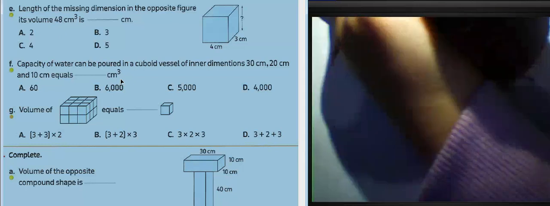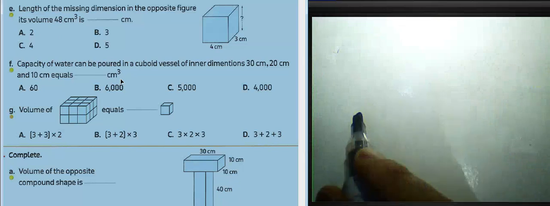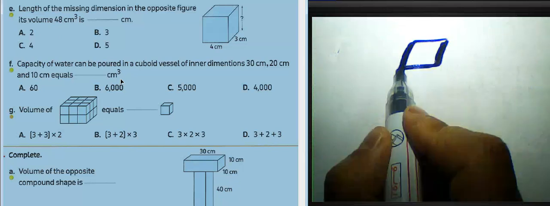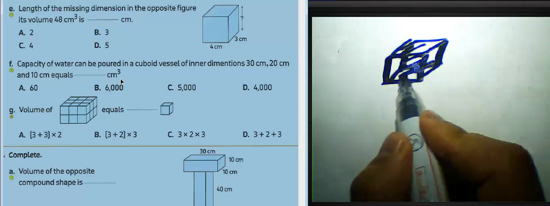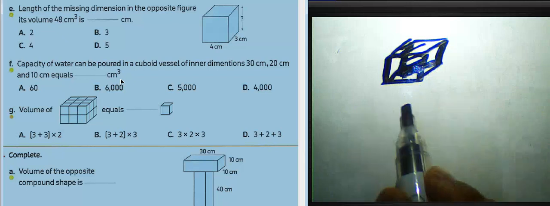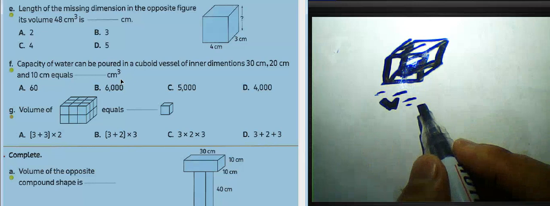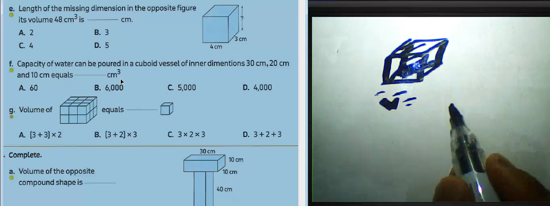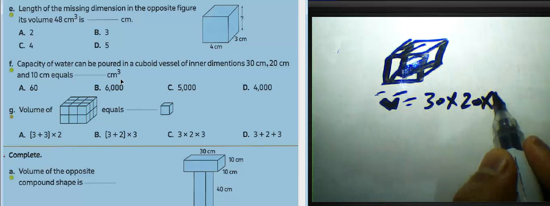We can find the volume of water that can be poured in the cuboid. He asked about capacity, it means the volume. To find the volume, you must multiply length, width and height.